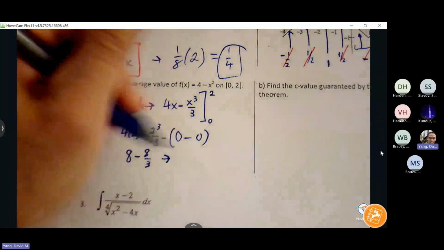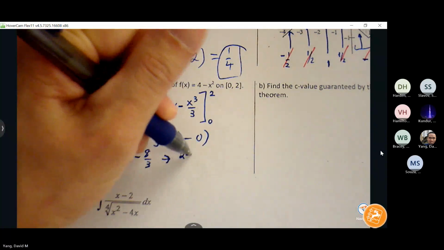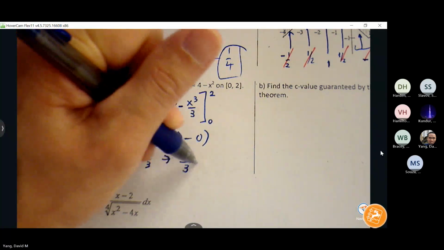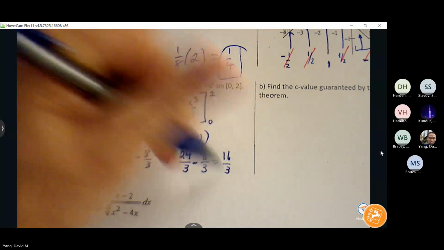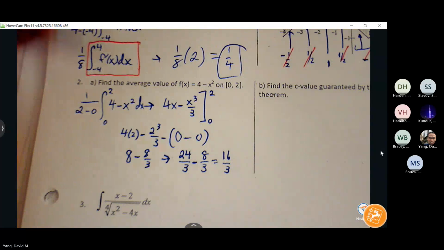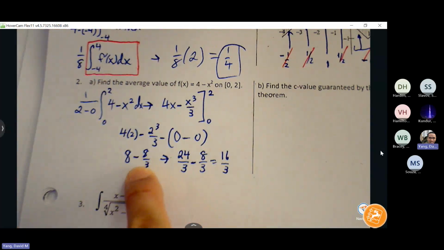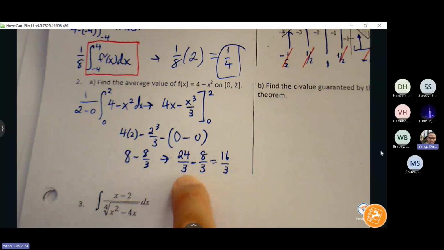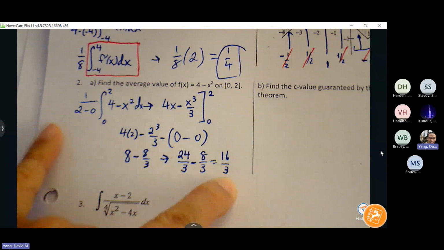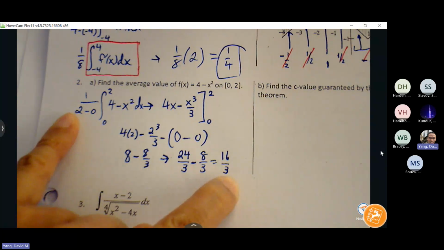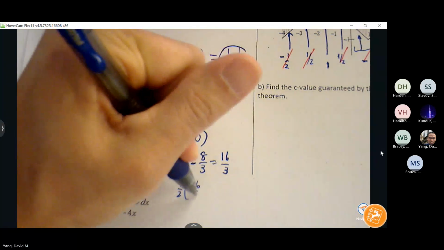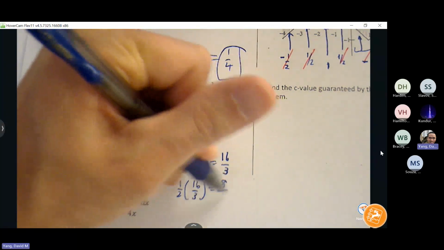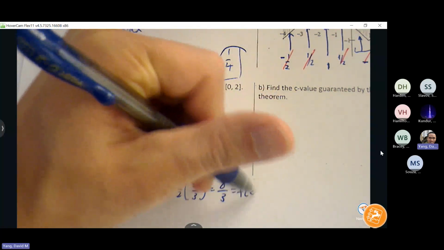Which is the same thing as, okay, so 8 minus 8/3, common denominator, I get 24 over 3 minus 8/3, which is 16/3. This is the area component. Don't forget about the width component here, 1/2 times 16/3 equals 8/3. Okay, so this is my average height, average value.